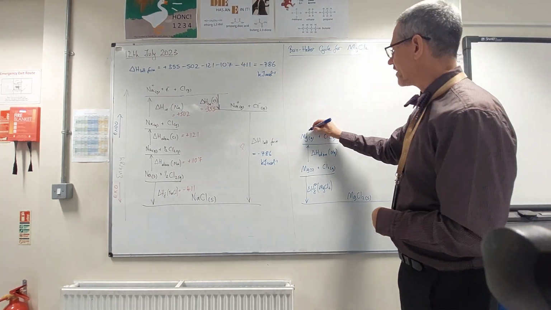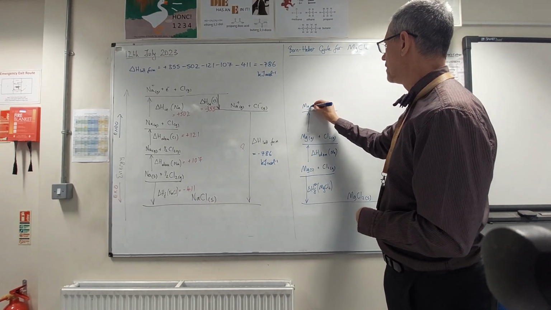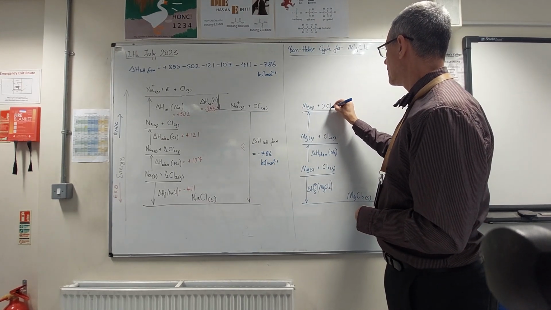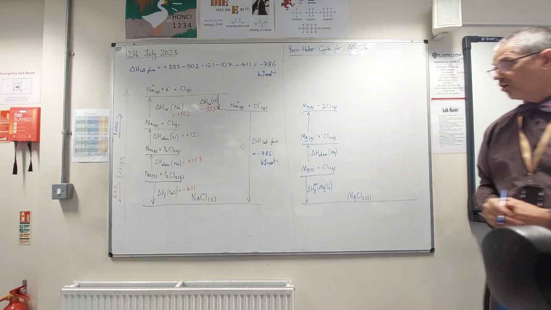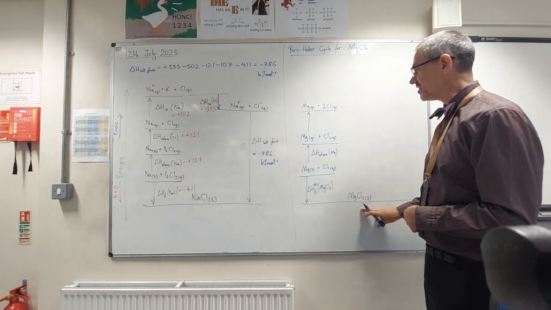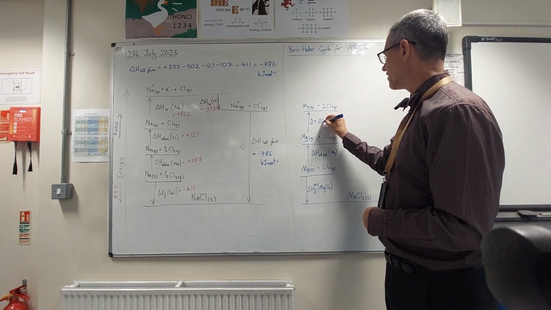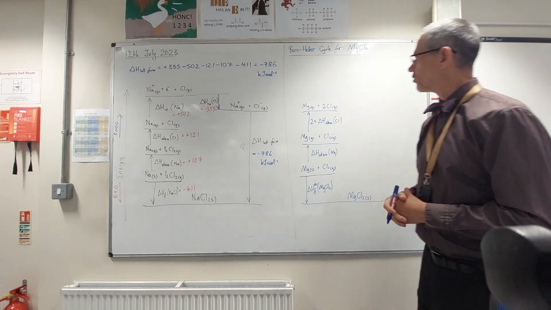We could then do the same for chlorine. But because I'm making 2 moles of chlorine atoms for MgCl₂, I'm going to need 2 lots of the delta H atomization of chlorine.